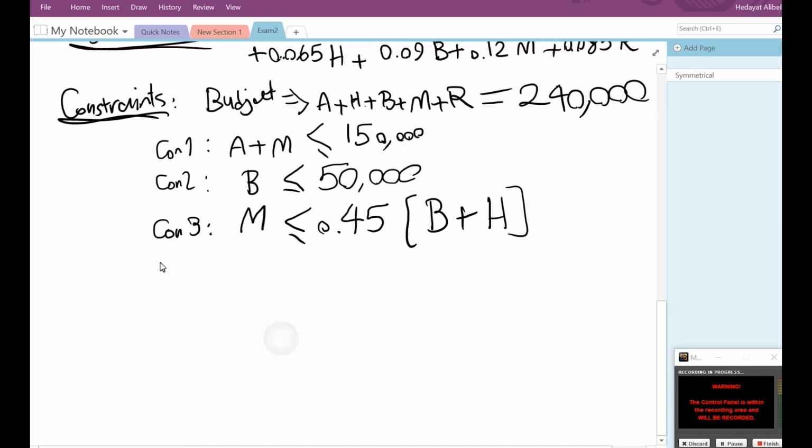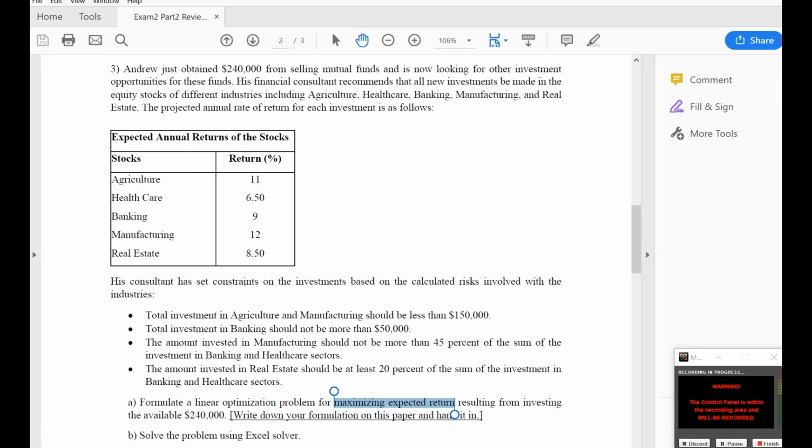And then the last constraint: the amount invested in real estate should be at least 20%, which is greater than or equal to 20% of the sum of investment in banking and healthcare.